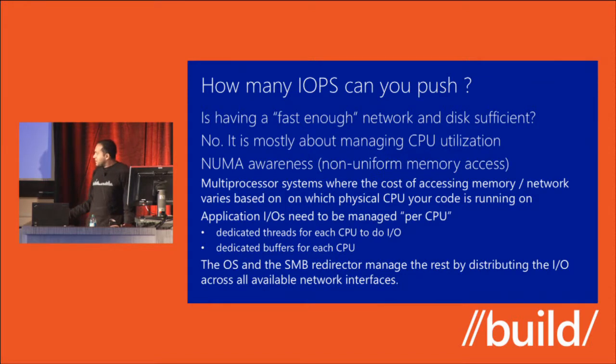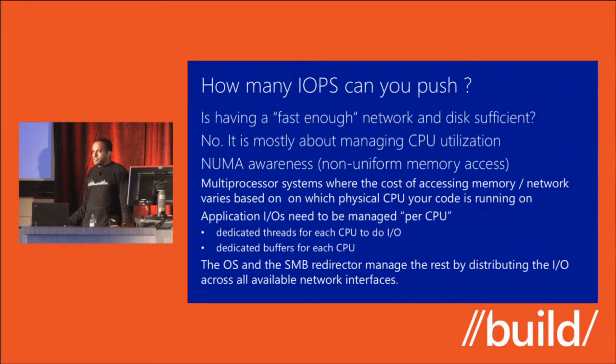And in this context, I want to talk a little bit about NUMA awareness. I'm sure at least some of you know what NUMA is. It's non-uniform memory access, which is basically on a server or a machine with multiple physical CPUs or processors on it, there is affinity between memory and processors.